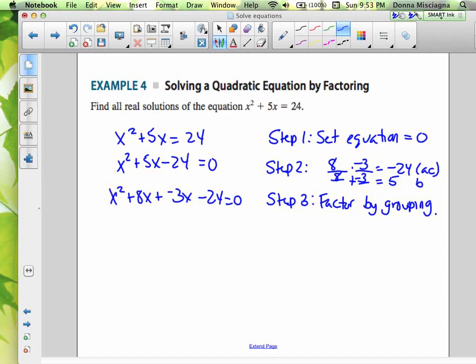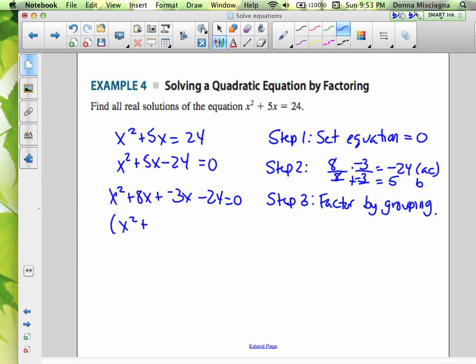And if you're wondering why, it's because when we factor, we're going to get a binomial times a binomial. Well, when you multiply a binomial times a binomial, you get 4 terms. These were the 4 terms when you multiplied the binomial times a binomial before somebody went and added them together. Right? Because 8x and negative 3x can be added together to equal 5x.